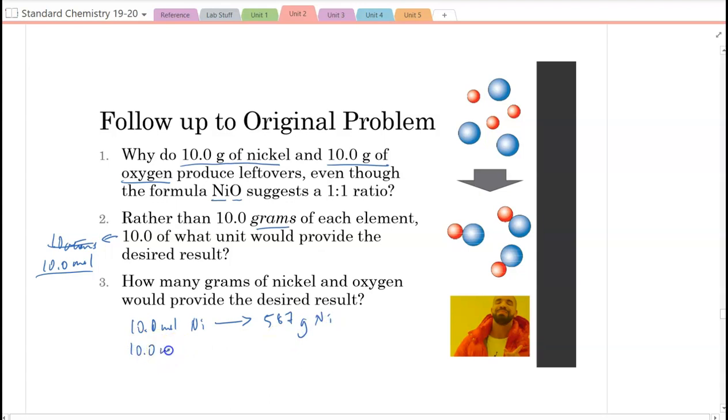And for 10.0 moles of oxygen, you'd need 160 grams of oxygen. These amounts would give you the desired result, where each atom of nickel is paired with each atom of oxygen, so you'd have no leftovers. That's a lot different than saying 10 grams of nickel and 10 grams of oxygen.